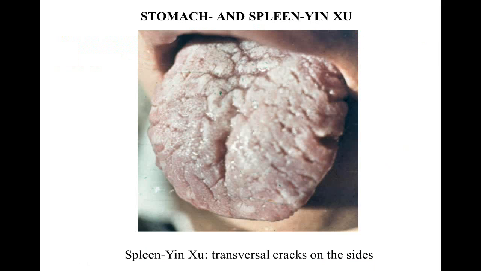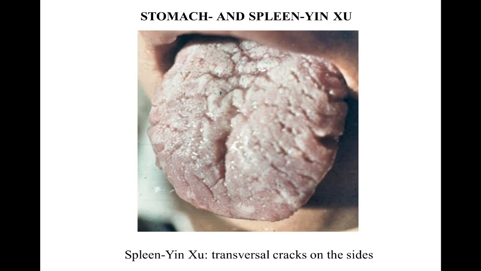And I've got this slide here to show you a very dramatic example of stomach and spleen yin deficiency. Those big cracks in the middle indicate stomach yin deficiency. And these transversal cracks on the sides are typical of spleen yin deficiency. So spleen yin deficiency exists. We always talk about Spleen-Qi and Spleen-Yang deficiency, but Spleen-Yin deficiency exists, and it manifests often with dry stools and also symptoms such as dry lips.